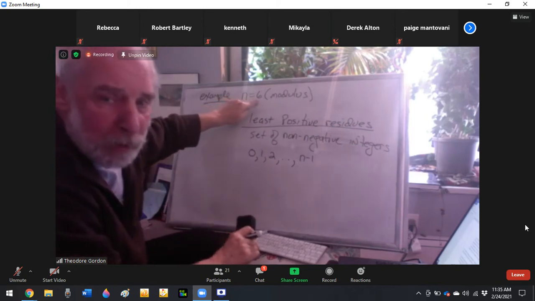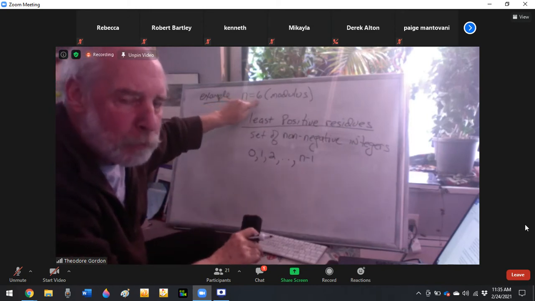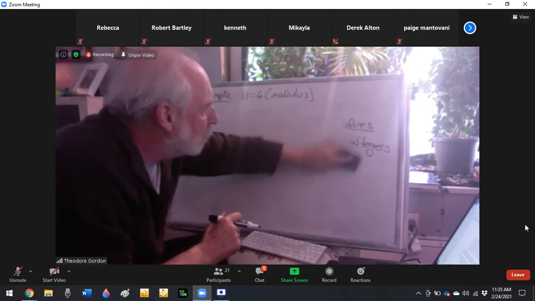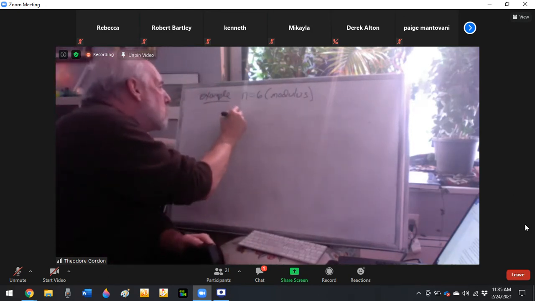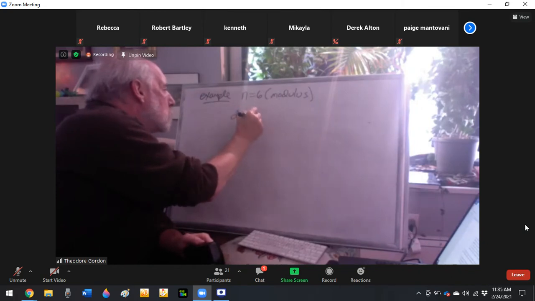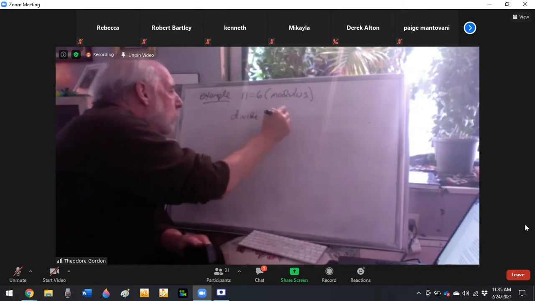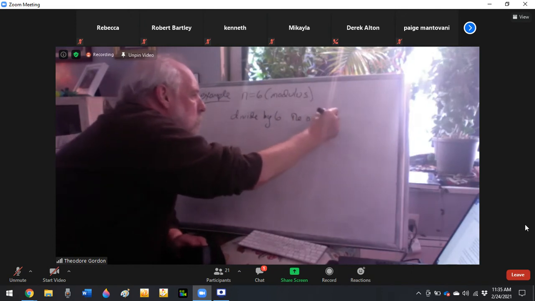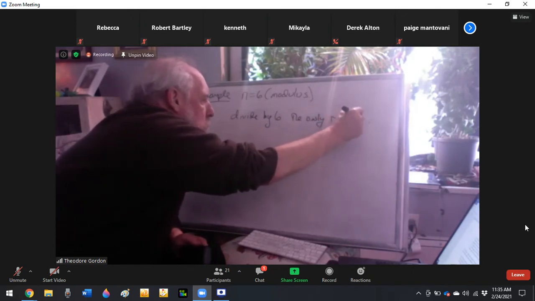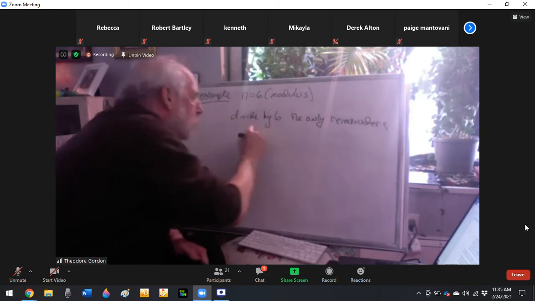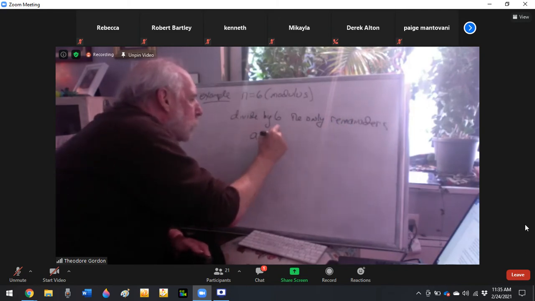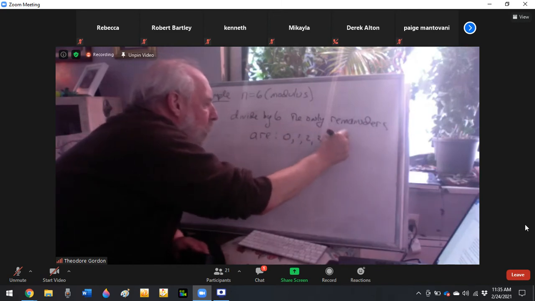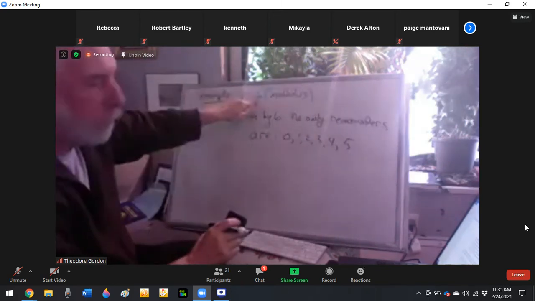When you divide by 6, what are the only possible remainders you can have? The only remainders are 0, 1, 2, 3, 4, 5, all the way up to 1 less than 6.